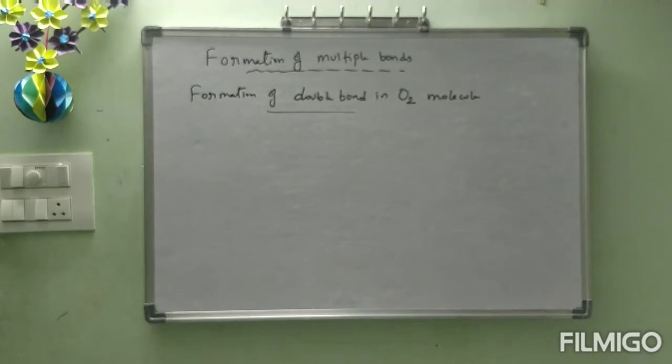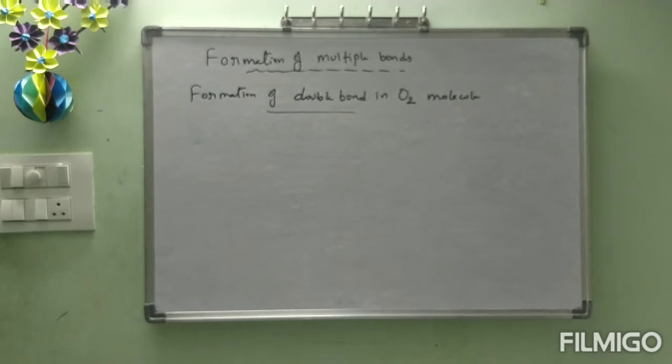So what are the things we have studied till now? The important thing is, what about pi bond and sigma bond? The bond which is formed by complete overlapping is called sigma bond. The bond which is formed by incomplete overlapping is called pi bond. Okay, out of these two, sigma and pi bonds, which one is strong bond? Sigma bond is strong bond. Why? It is involved in complete overlapping.